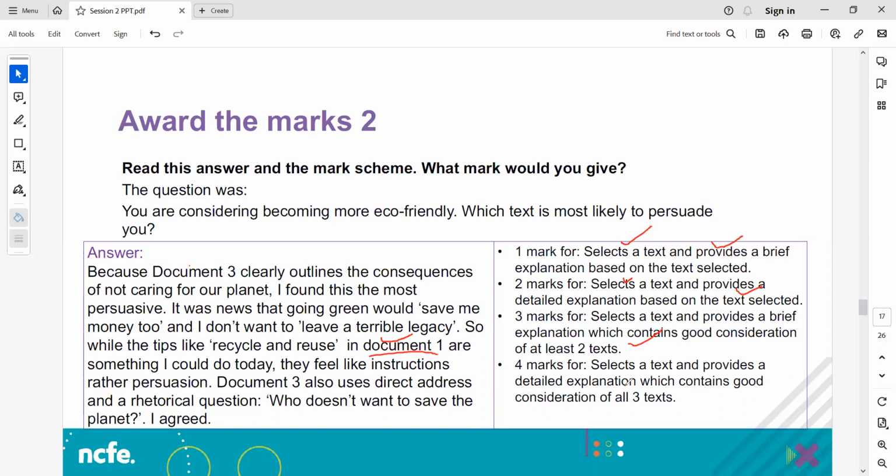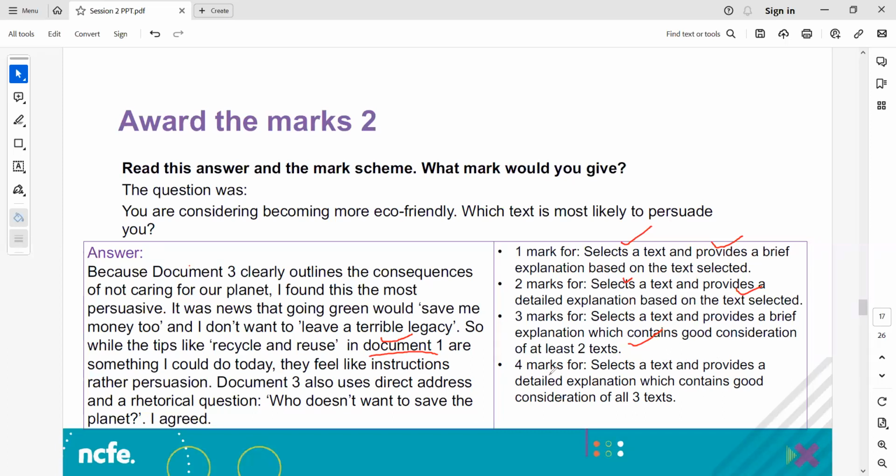So to get 4 marks, they should select a text, provide a detailed explanation and a good consideration of all 3 texts. Well, we know that they've only referred to 2 of the texts, document 3 and document 1, so they can't get 4 marks. Does that make sense? There was nothing on document 2.